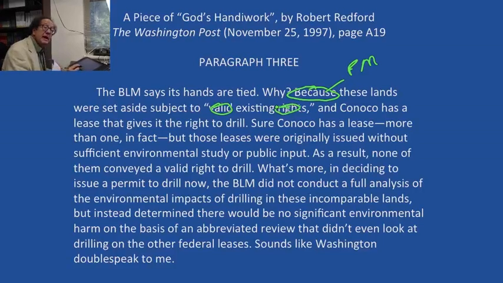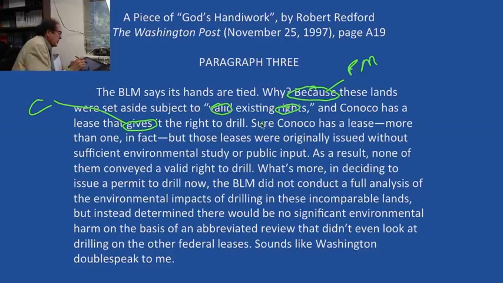Now notice we've got a tricky argument marker here, gives it, because the point of that sentence is that it's the lease that explains why it has the right to drill or justifies the claim that it does have the right to drill. So gives it is an argument marker, and in particular, it has the right to drill as the conclusion, so it's a conclusion marker.